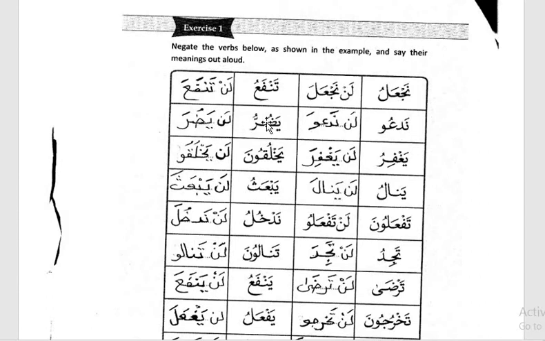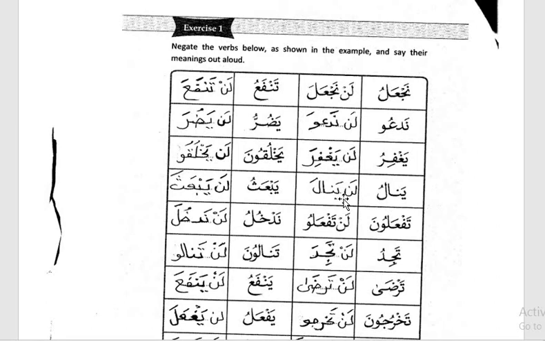The verb يضر is singular, so when we add len we add fatha. يغفر, لن يغفر. يخلقون, here the verb is plural masculine, so when we add len, it becomes لن يخلقوا. The noon is dropped.